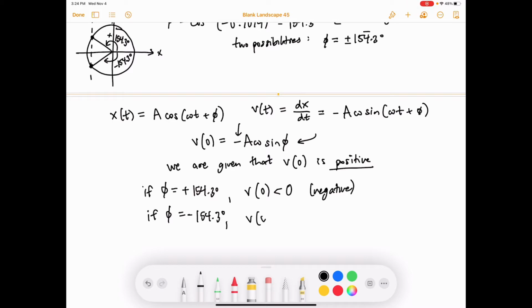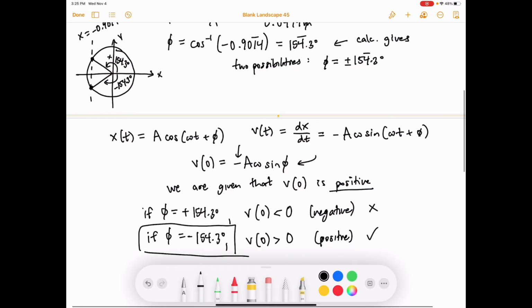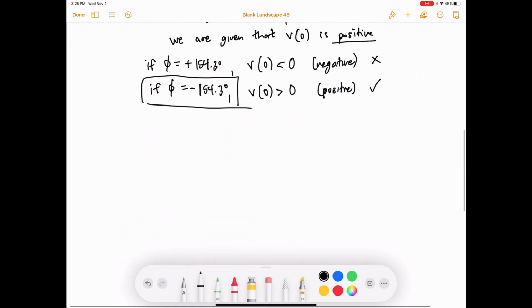So your velocity at time 0 will be positive. Again, this is correct. We want the velocity at time 0 to be positive. We don't want it to be negative, which is how I can determine that the negative angle was actually the correct choice. So notice the calculator gave us the wrong answer. It's actually the negative angle that's correct.